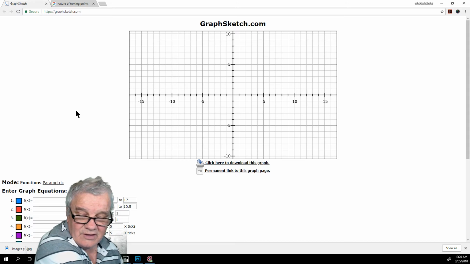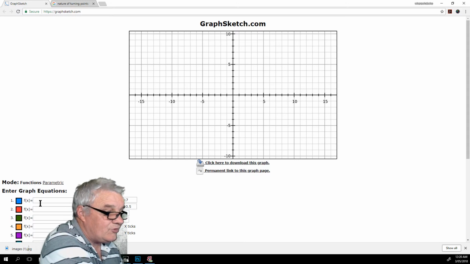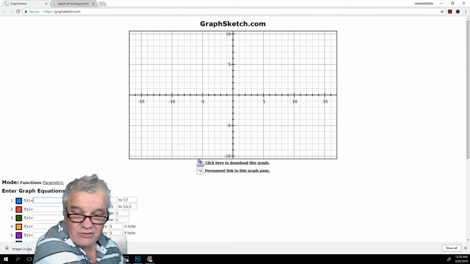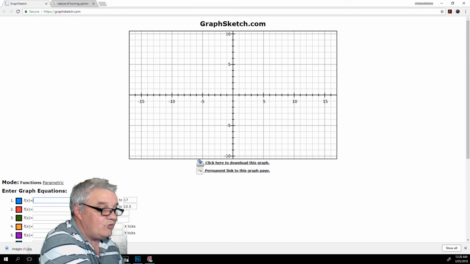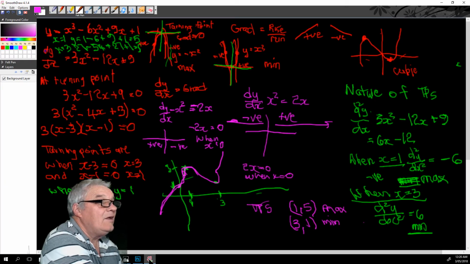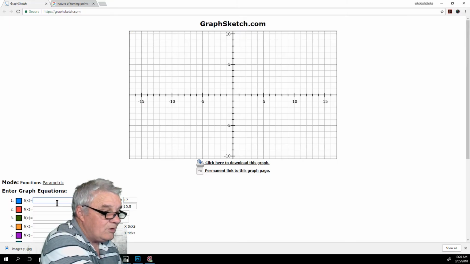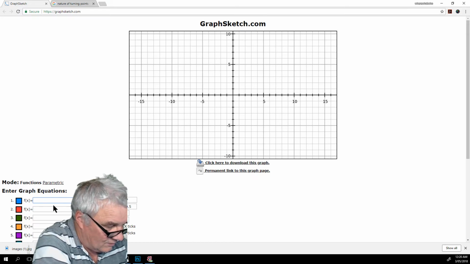And our function that we're looking at is, I just need to check back on that. So I'll just come back to here. x cubed minus 6x squared plus 9x plus 1. So it's getting x cubed, so we'll put that in here.